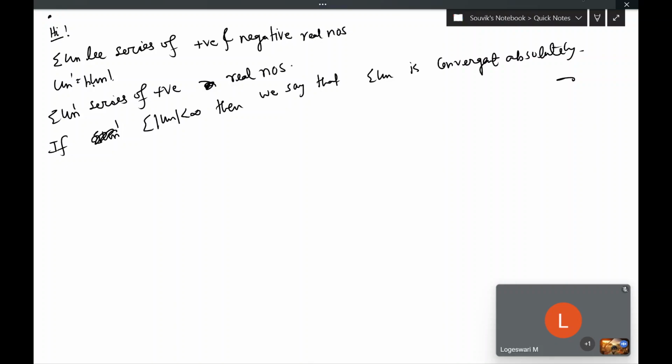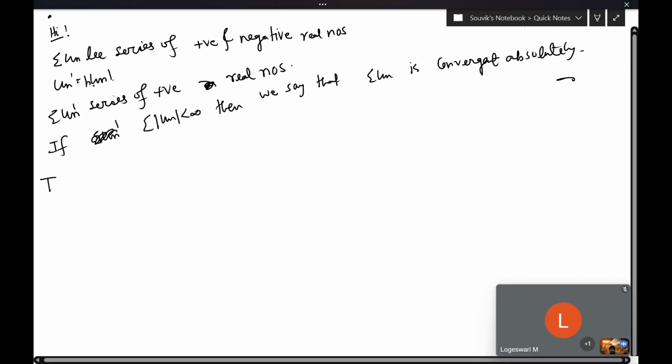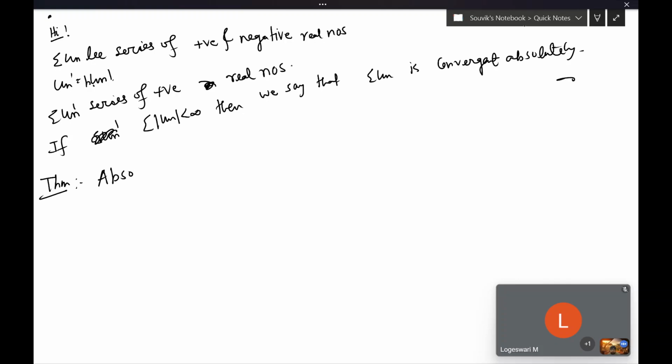What does convergent absolutely mean? The series summation u_n is said to converge absolutely if the summation mod u_n converges. And there is a well-known theorem, just for the record, that tells us absolutely convergent implies convergent.